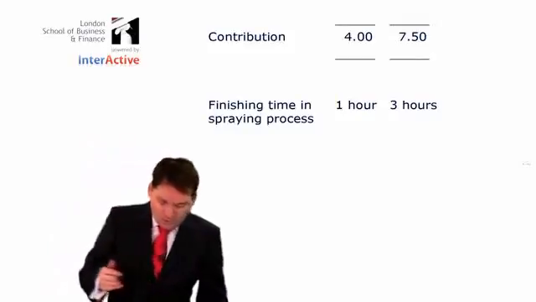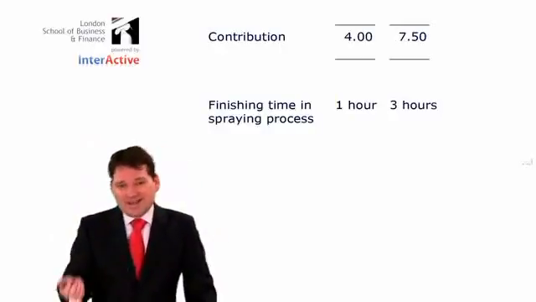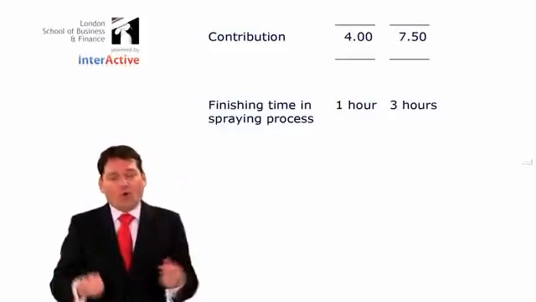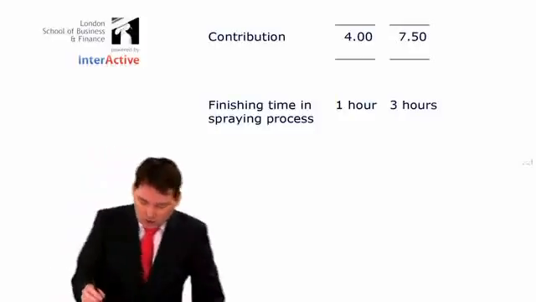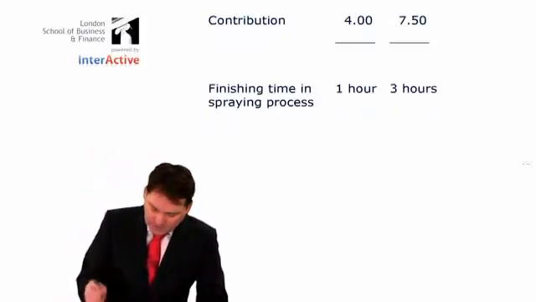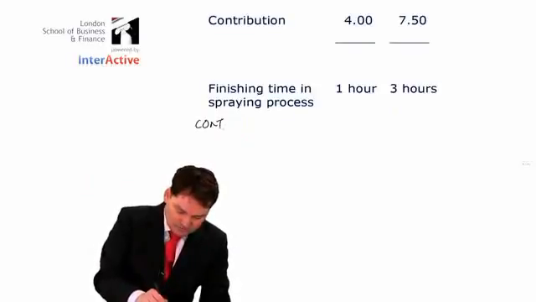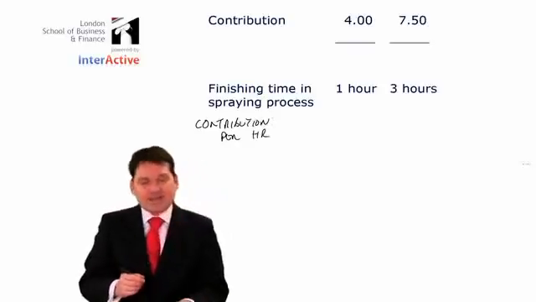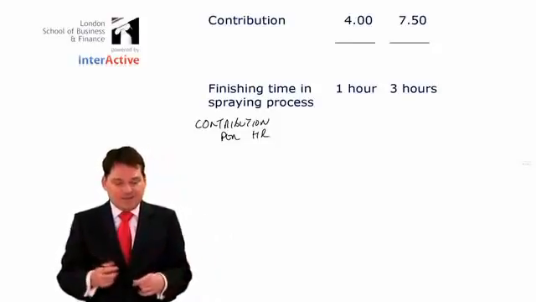Now the method that we simply do is we take the contribution and divide it by how many units of the limiting factor it uses up, which in this case is hours. So for each of these products, we are simply going to do the contribution per hour, because the hours is the thing we've got in short supply, the limiting factor.